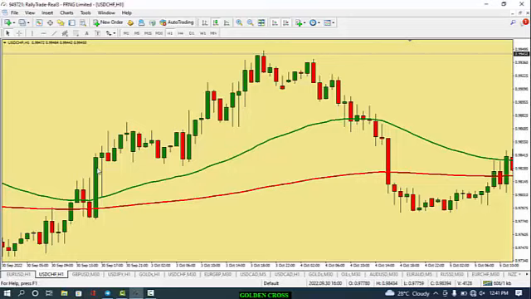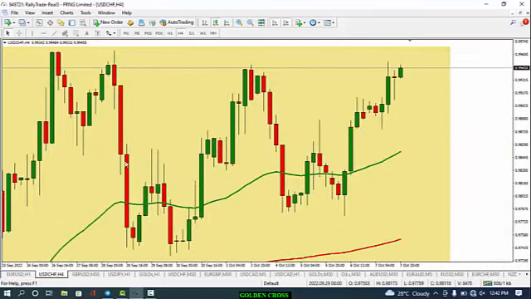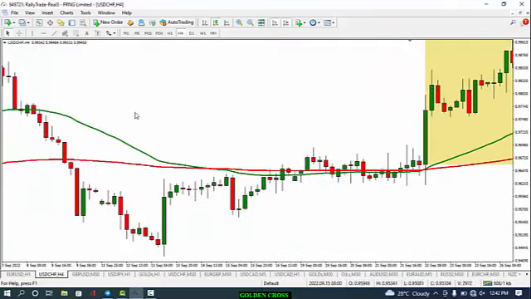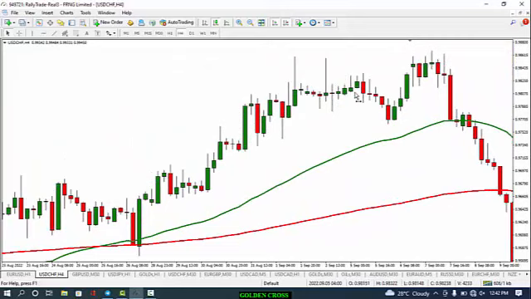The other side of the golden cross is what we call the death cross. What is the difference between the death cross and the golden cross? Let's look back historically at the 4 hours time frame.